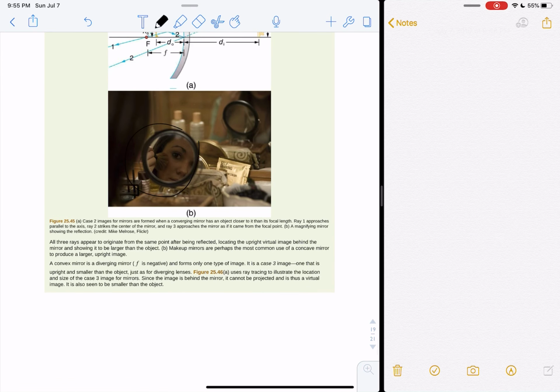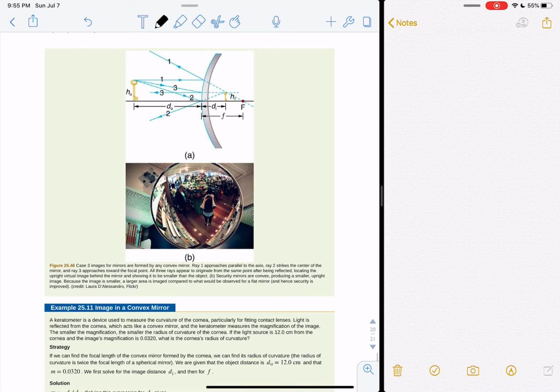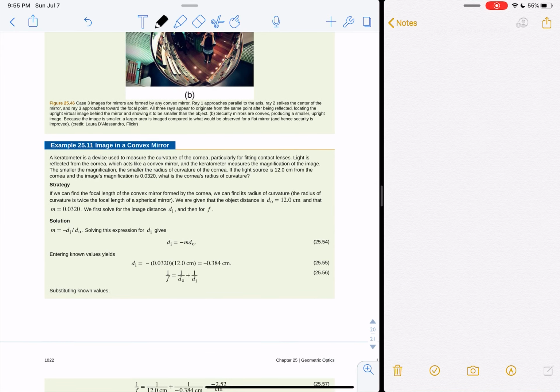So these mirrors here, beauty mirrors or whatever they're called, they zoom in a lot and allow you to see your face. A lot of hotel rooms have those. Here's one of those security mirrors that help you see around corners and other things because of their shape.